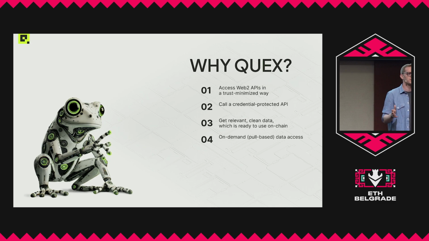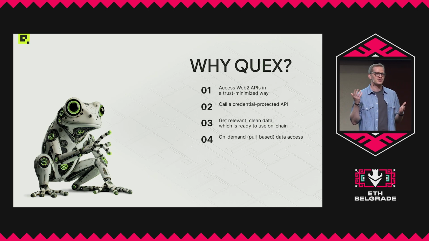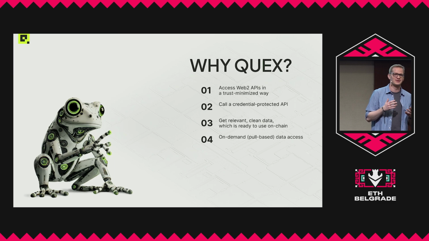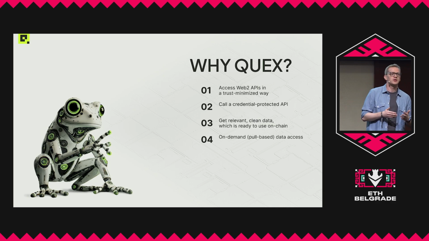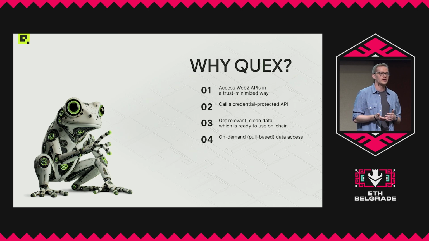Lots of Web2 APIs are designed for front-ends, not for smart contracts. Usually they provide deeply nested JSON objects, and your smart contracts probably need only one or two fields from them. With the jq processing language, we provide the opportunity to format this data in the way you need in your smart contracts.